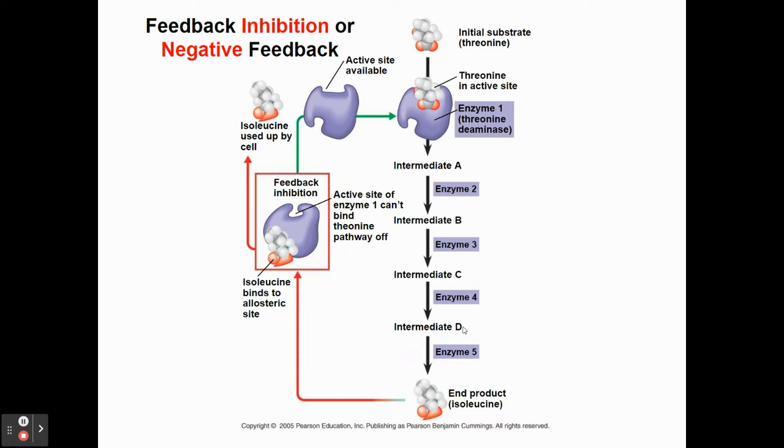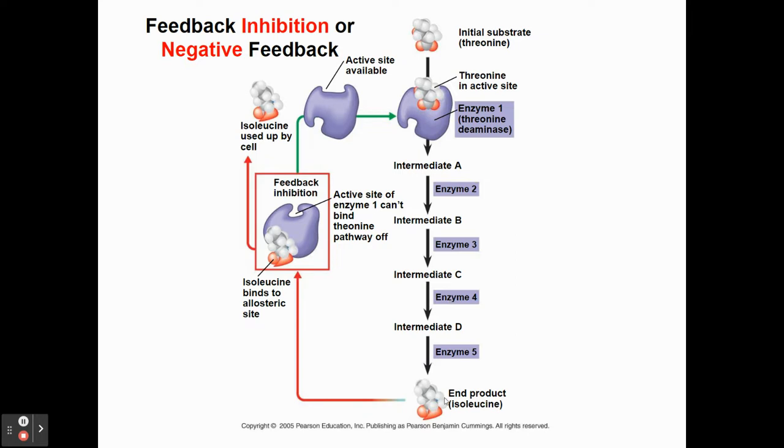So threonine comes in, and the first enzyme is enzyme 1, threonine deaminase, which is going to basically take off the amine group. And then we get intermediate A, catalyzed by enzyme 2, which makes intermediate B, which is then catalyzed by enzyme 3, and so on until we end up with the end product, isoleucine.